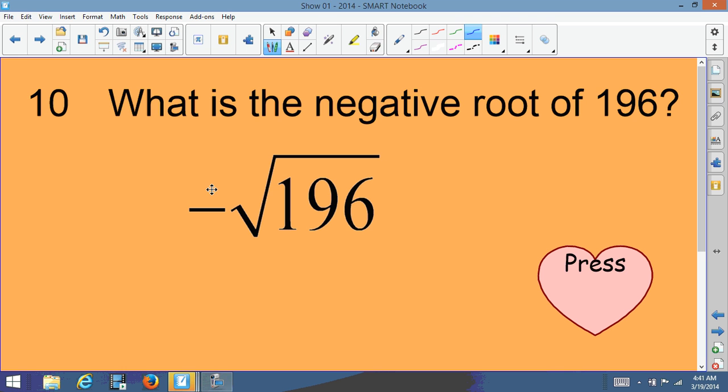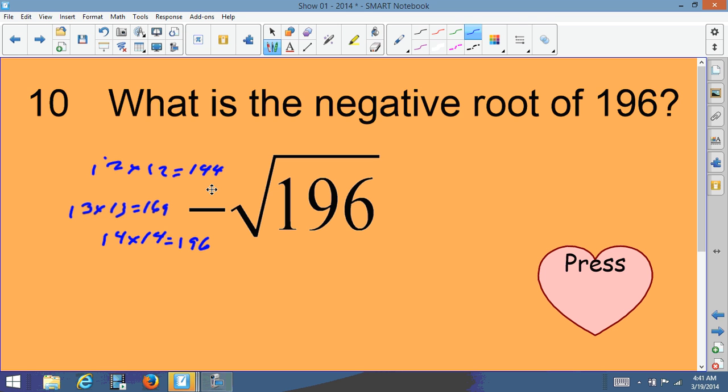Well, let's use our times table. 12 times 12 is 144. 13 times 13 is 169. I'm getting closer. And 14 times 14 is 196.